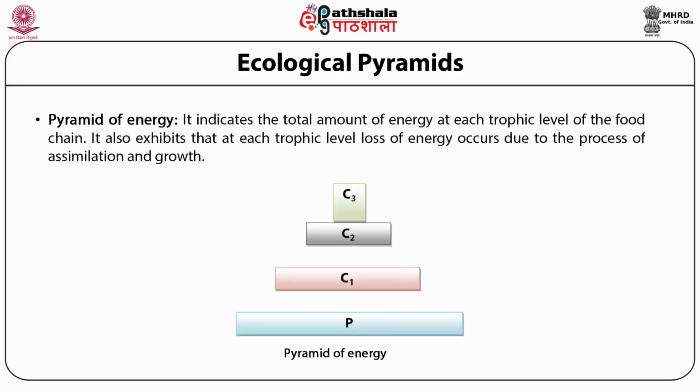Pyramid of energy. It indicates the total amount of energy at each trophic level of the food chain. It also exhibits that at each trophic level, loss of energy occurs due to the process of assimilation and growth. Thus, at the producer level, total energy is more than at higher trophic levels.